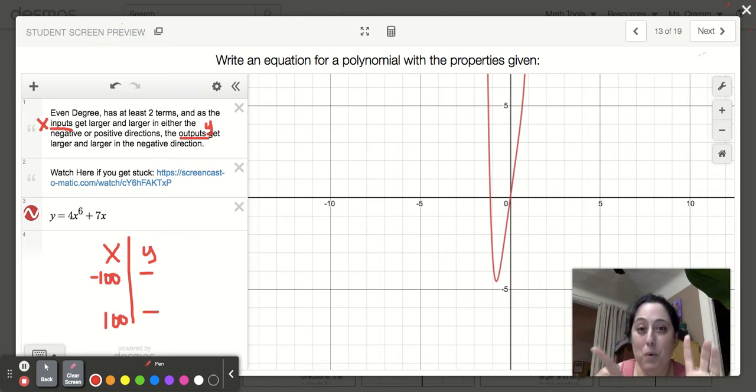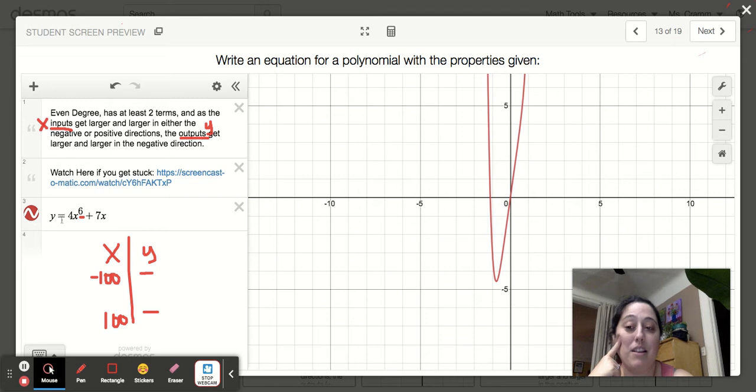I'm going to work on the wording of this so that it's a little more user-friendly. But they basically mean, okay, I get that it's even. These are going to be going in the same direction. The end functions mean that it's going to start and end in the same direction, and I want them both ending where the y is super negative. Does anyone remember how to do that?